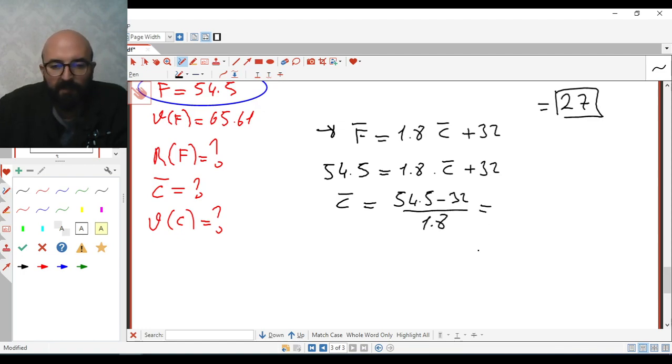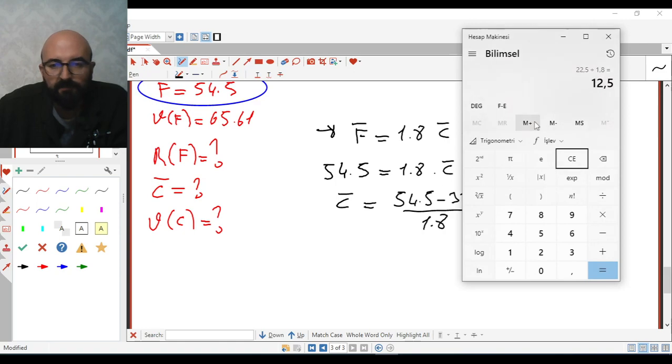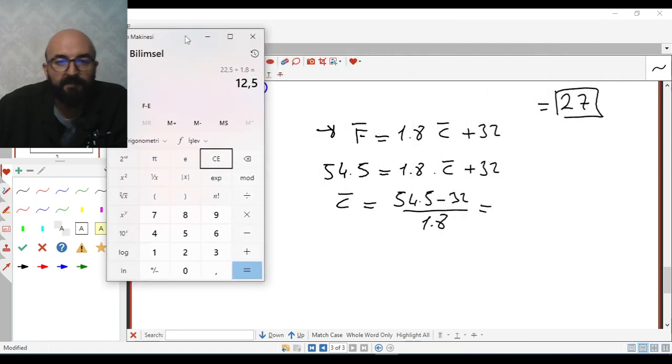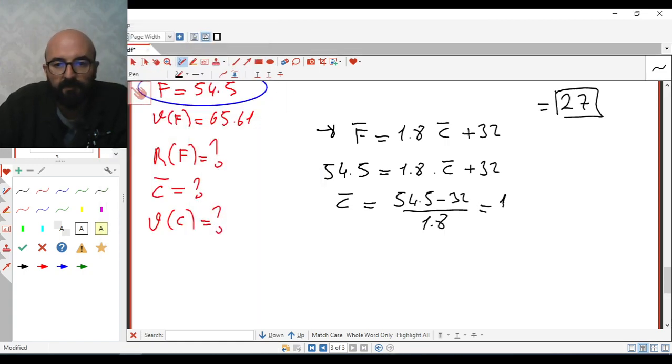Okay, I want to use my calculator: 54.5 minus 32, over 1.8, and it is 12.5.